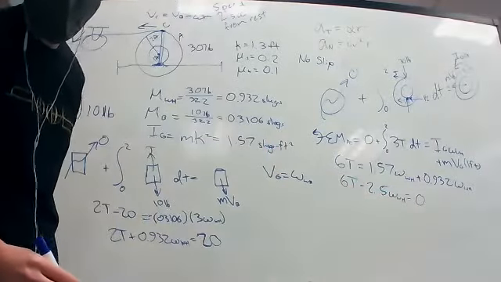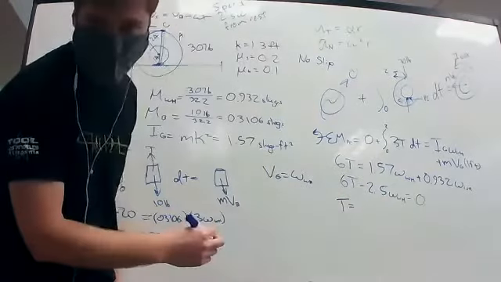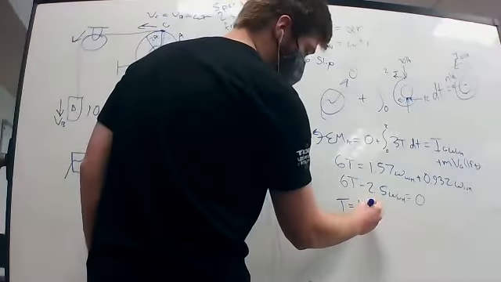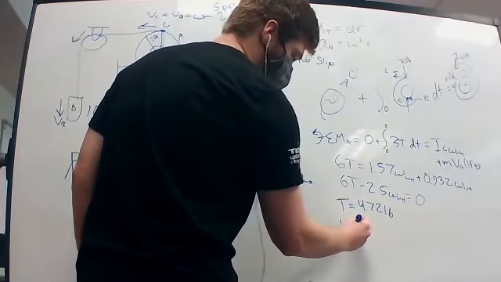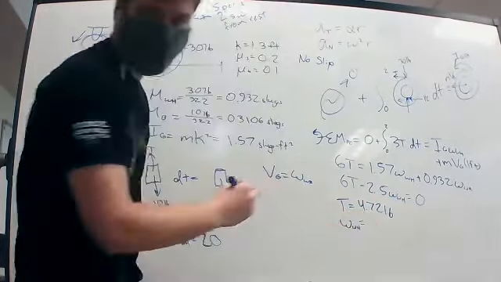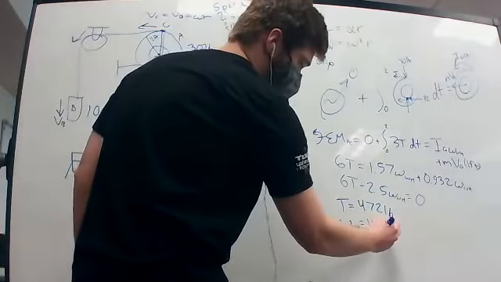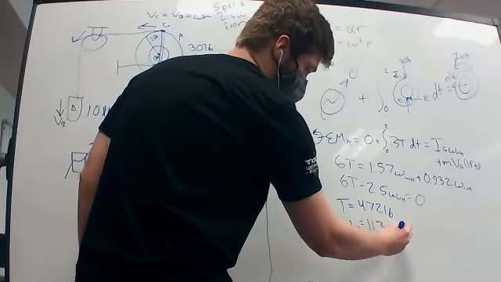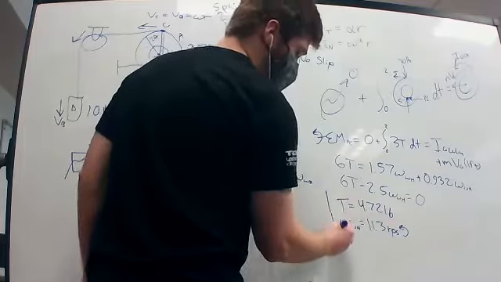You can solve these and find out that t is equal to 4.72 pounds, and omega of the wheel is equal to 11.3 RPS. And that's going to be counterclockwise.